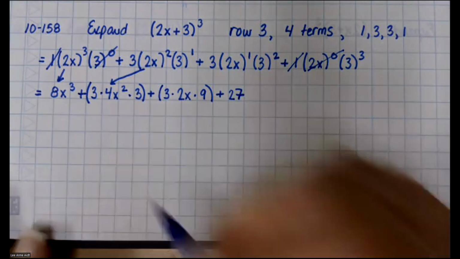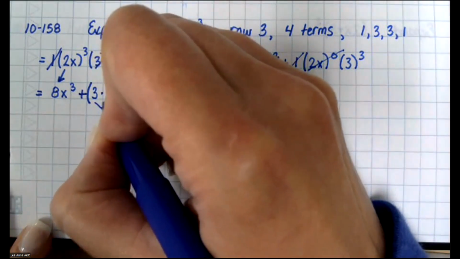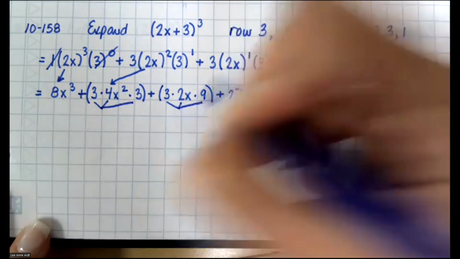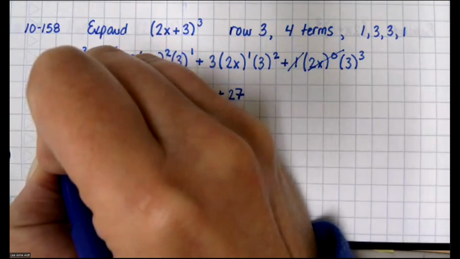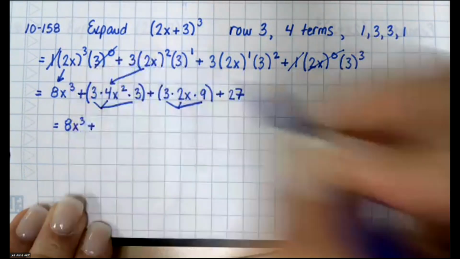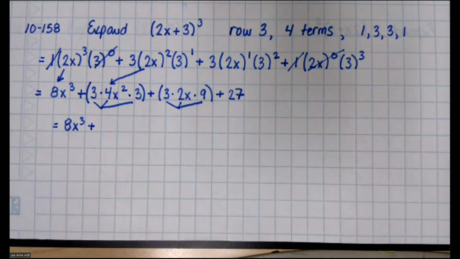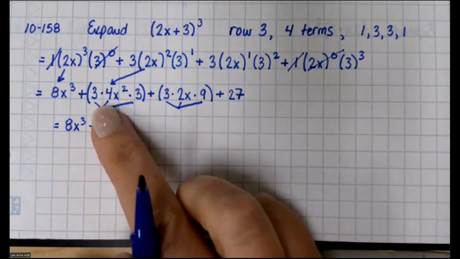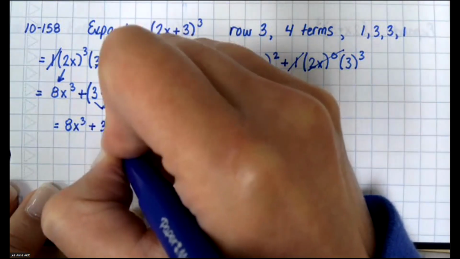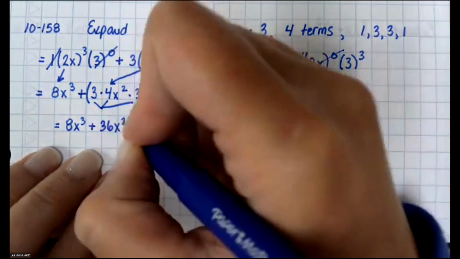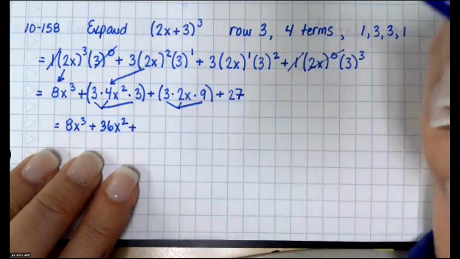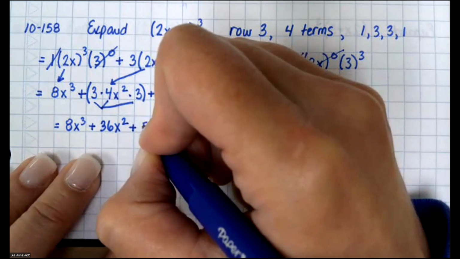Okay, now for my visual folks, I want to go on the calculator. 3 times 4 is 12 times 3 is 36. Three times 2 is 6 times 9 is 54.